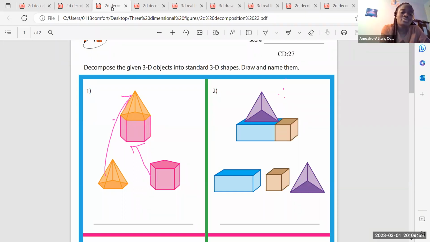One primary difference is that pyramids have triangles on top of them, but prisms have equal cross-sectional area. When you cut it, you should get the same thing at any part that you cut it. So that's equal cross-sectional area. Then we have a cuboid, a cube, and a triangular prism.